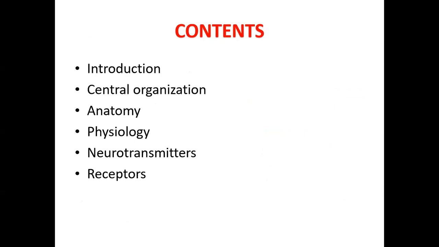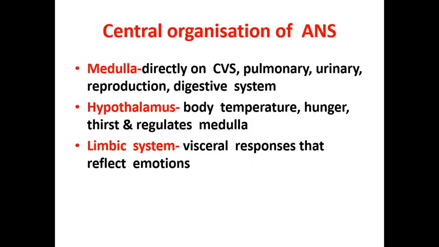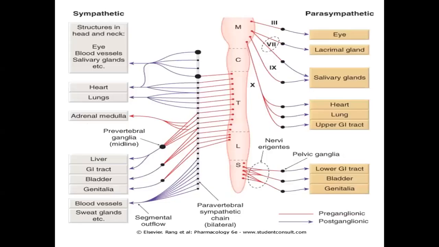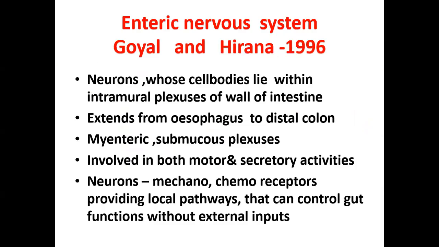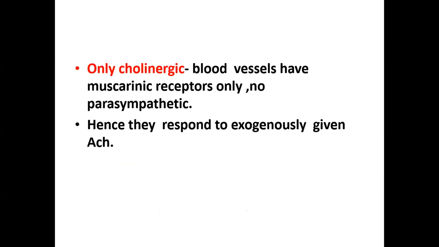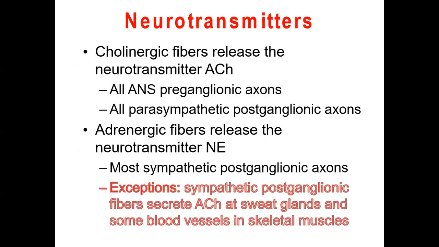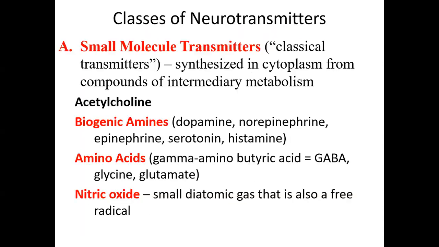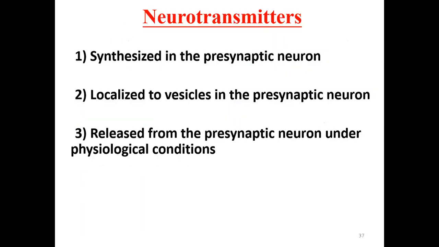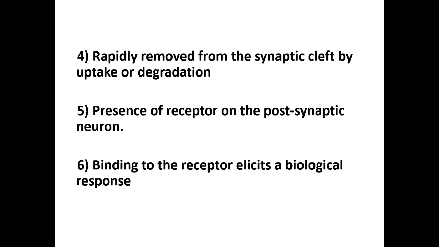But just remember, the autonomic nervous system broadly consists of two major pathways. One is the sympathetic nervous system, which is fight and flight, and the parasympathetic nervous system, which is rest and digest. In the sympathetic nervous system, the preganglionic neurotransmitter is acetylcholine and the postganglionic neurotransmitter is norepinephrine, with a few exceptions like the pilomotor muscles, the sweat glands, and the adrenal medulla, where the neurotransmitter is again acetylcholine.